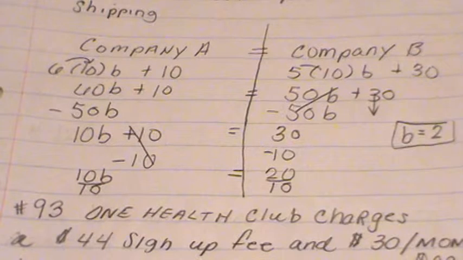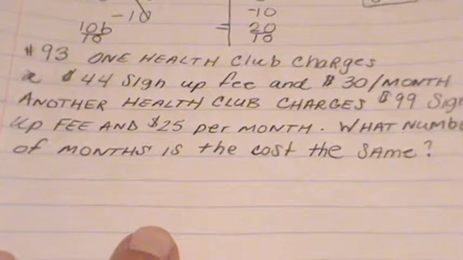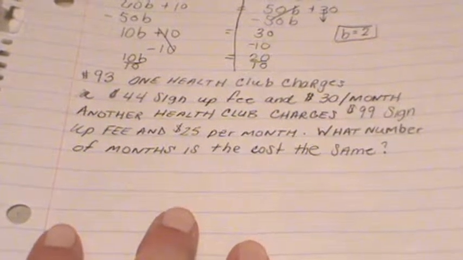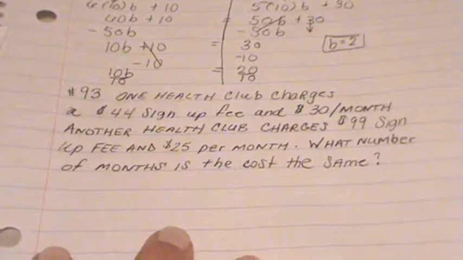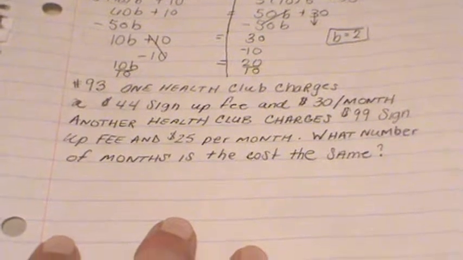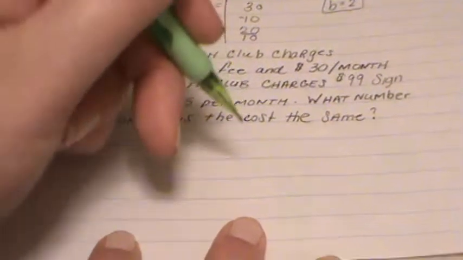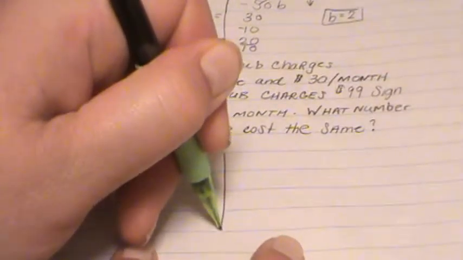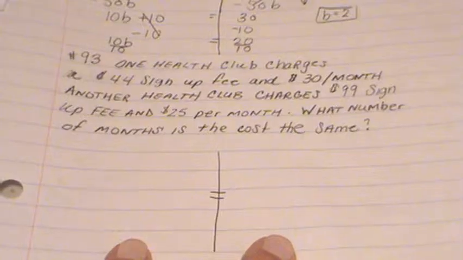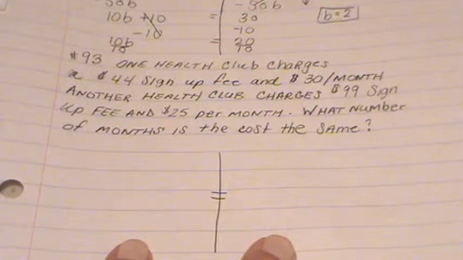And then move on to problem 93, still on page 17. Same concept as problem 91. I have a comparison of two health clubs. So the first thing I want to do every single time I have a comparison problem is a line down the middle and an equal sign. We read the story problem and find out what two things we're comparing.